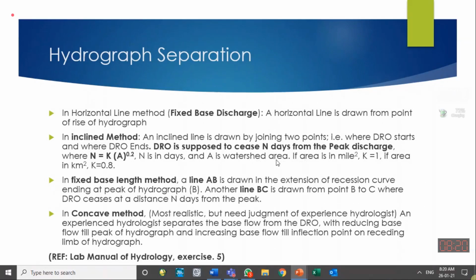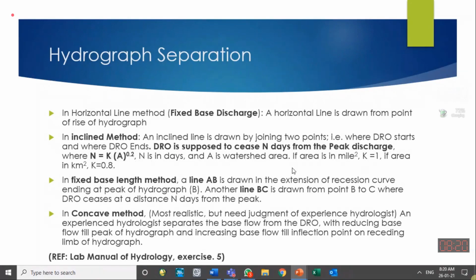Either it can be in miles square or in kilometers square. If it is in miles square, then the K value is taken as 1. If the area is in kilometers square, then the K value is taken as 0.8. So let us assume that the watershed area is in miles square. Then the simple formula is N equal to A to the power 0.2, because K is equal to 1.